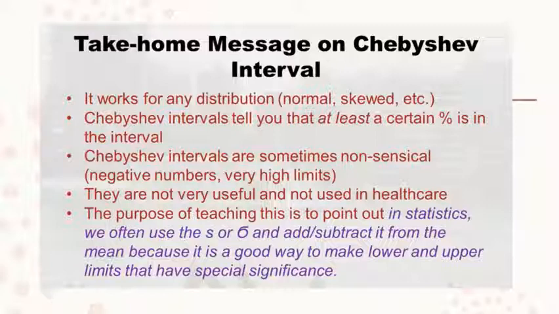But also you have to keep in mind that this theorem is quite loosey-goosey, okay? It's not giving you an exact percentage or proportion of the data that falls between certain upper and lower limits. It's giving you at least, and it's giving you insanely large ranges between your upper and lower limits.